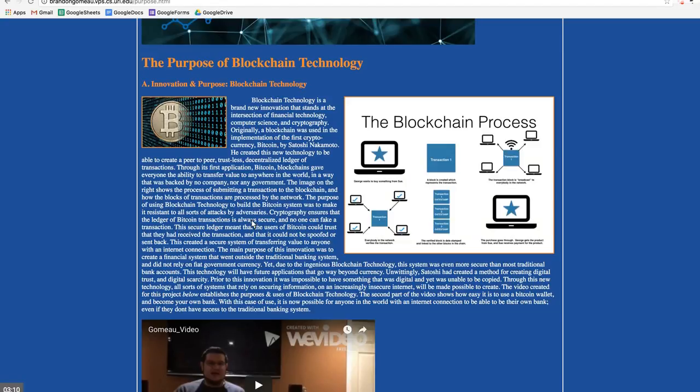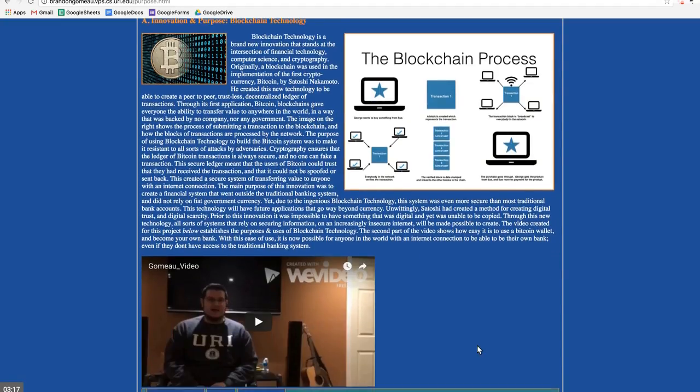The innovation's main purpose was to allow the unbanked to be their own bank. And this is the first time in our history that this technology has allowed a currency that is not fiat and that is outside of government control.